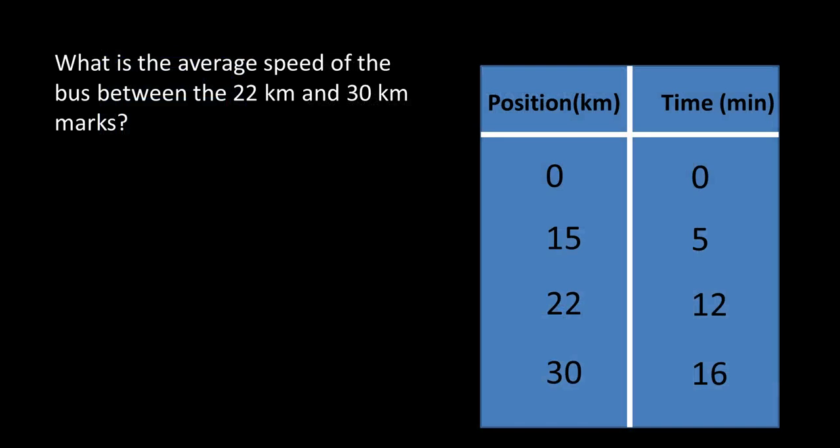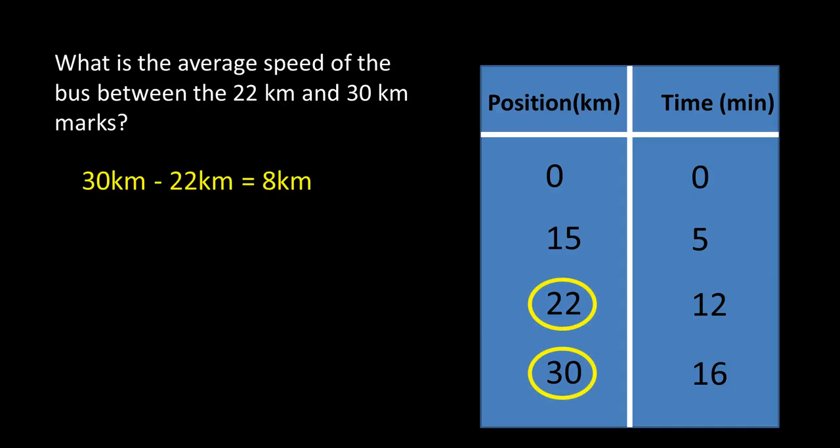Alright, so next is another kind of a word problem with a chart to analyze. It says, what is the average speed of a bus between the 22-kilometer and the 30-kilometer marks? So here, we're not taking the total speed, we're just taking the speed between these 2 points. And so we need to figure out the distance between 22 and 30.